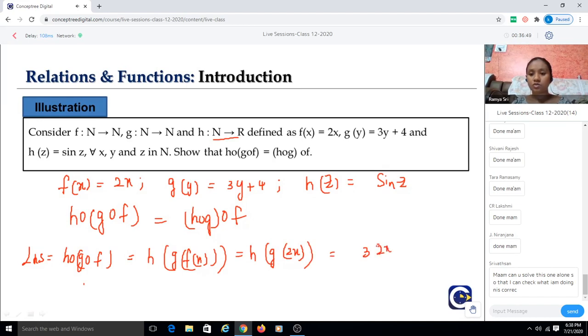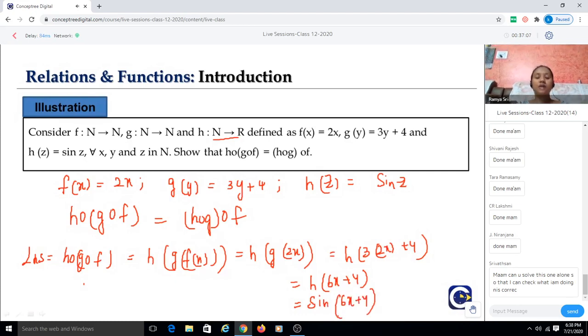So it will be 3 into 2x plus 4. It will be h here. So that means h of 6x plus 4. So in place of z you have to substitute 6x plus 4, which means sine of 6x plus 4. So this is your LHS, that is h of g of f.